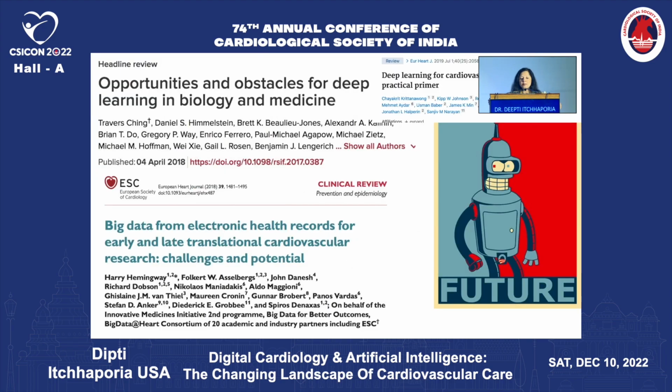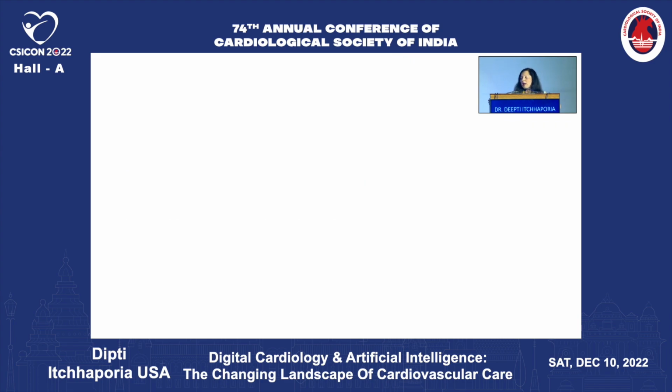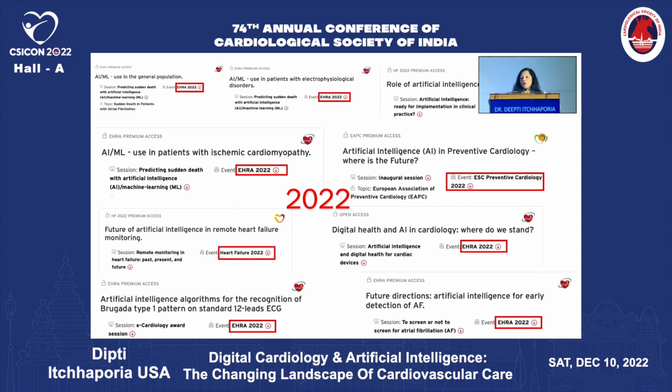So these are just some of the examples. There are many opportunities. There are all these papers written about the opportunities, how big data is going to help us in cardiovascular research, and what the challenges are. Deep learning for cardiovascular medicine, a practical primer. So you see there are a lot of things. In 2022, these are some of the articles that have been published looking at this topic.